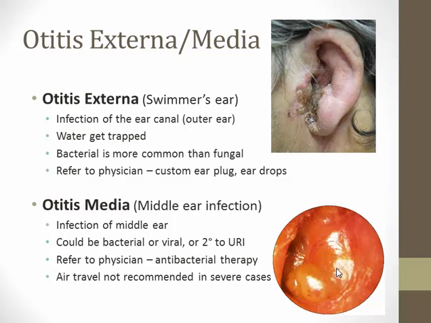So anything of that nature is a possibility. All they need to do is get ear drops and use antibacterial therapy for a couple of days, and everything should go away. But during that treatment time, air travel is not recommended because of the pressure change, and it might affect the tympanic membrane and middle ear area a little bit.